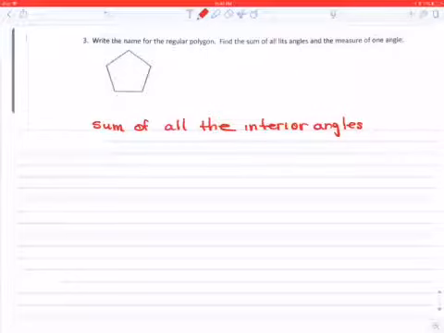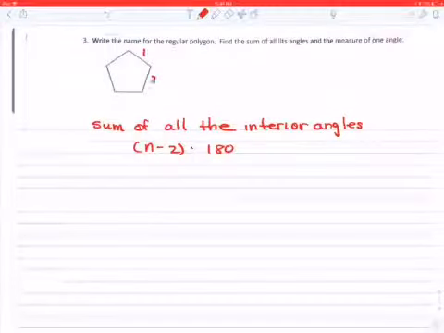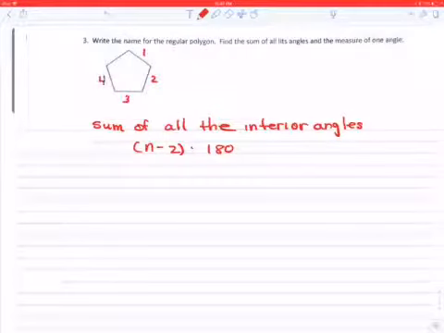To do that, I need the formula n minus 2 times 180, where n was the number of sides. So it has 1, 2, 3, 4, 5 sides, so n is 5.